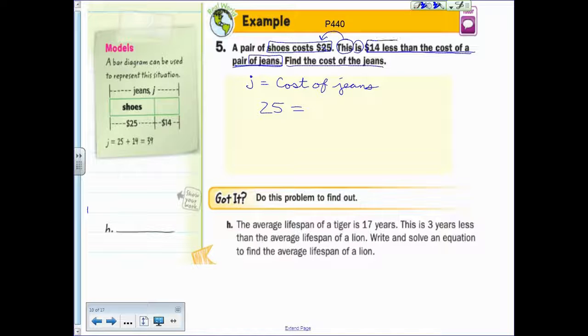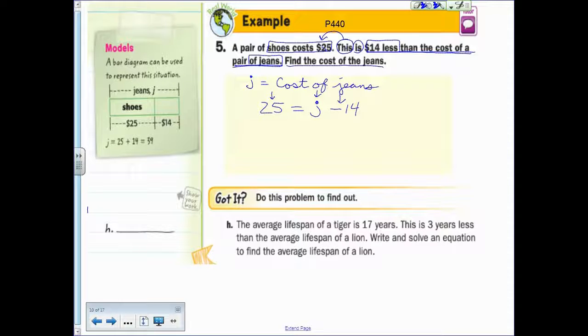14 less. How do I show 14 less than jeans? Well, if J is the cost of the jeans, 14 less would be subtracting 14 from the cost of the jeans. So the cost of shoes, $25, is 14 less than the cost of the jeans.